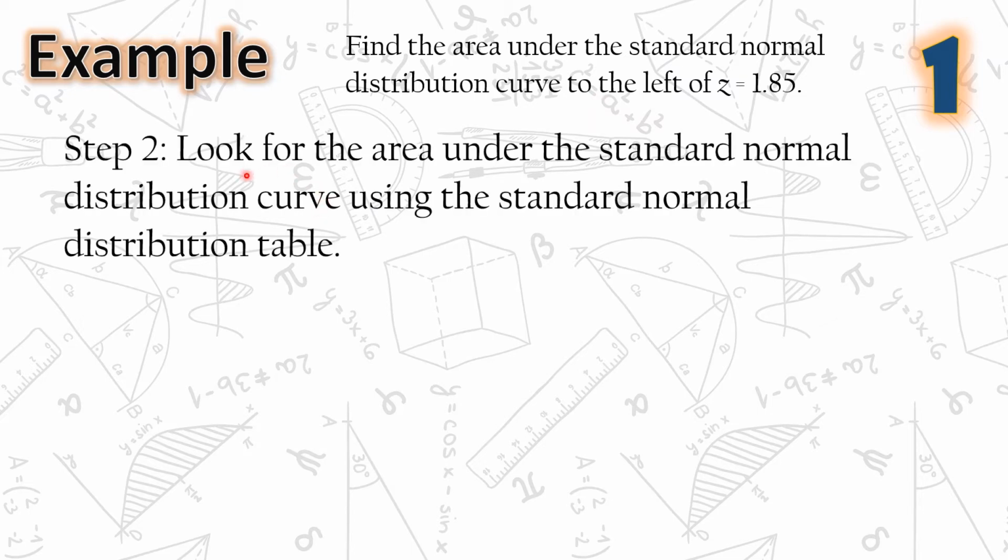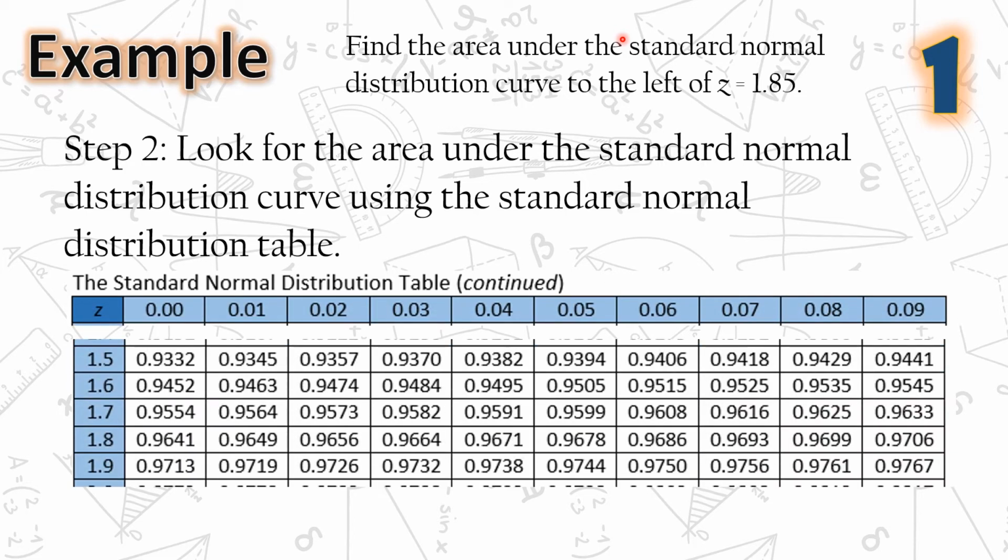The next step is to look for the area under the standard normal distribution curve using the standard normal distribution table. Since z is equal to 1.85 is positive, we refer to the z table for positive values. Also, since 1.85 is equal to 1.8 plus 0.05, we locate 1.8 on the first column, draw an imaginary horizontal line from 1.8, and then locate 0.05 on the first row.